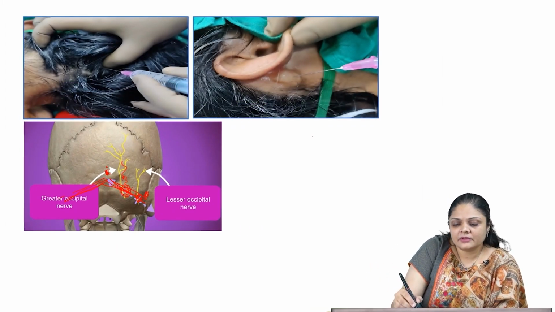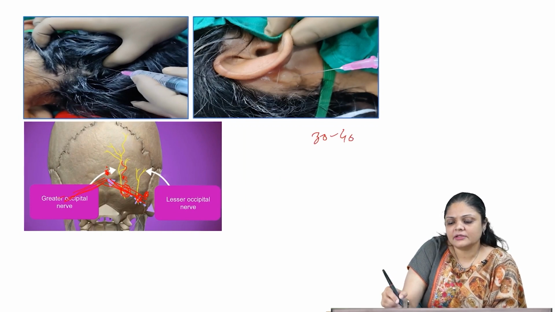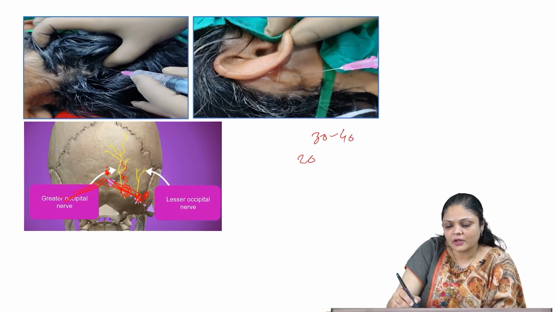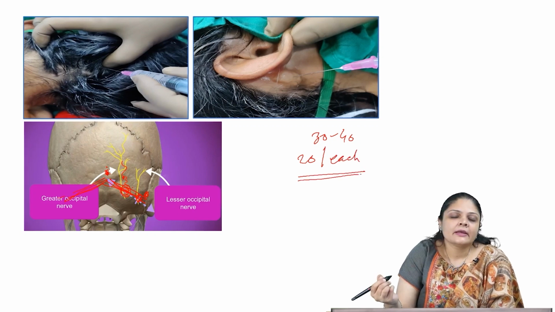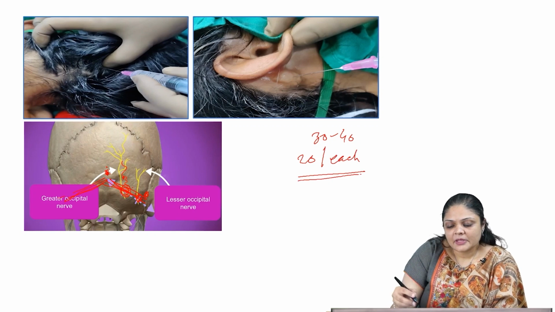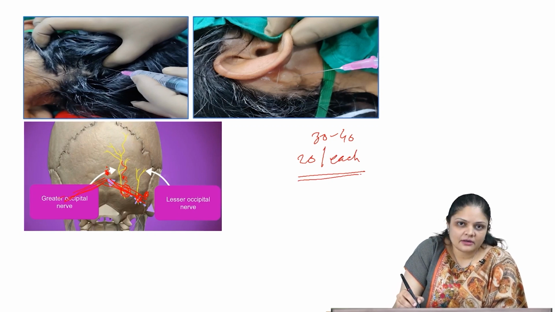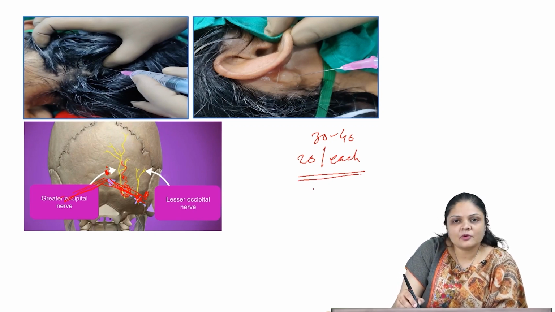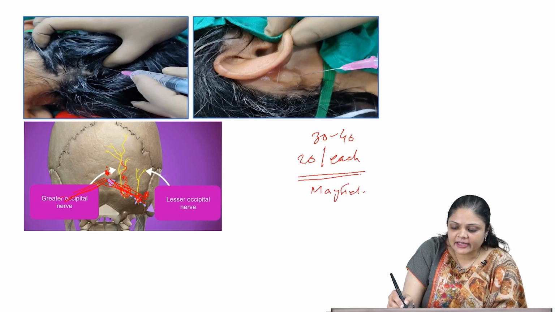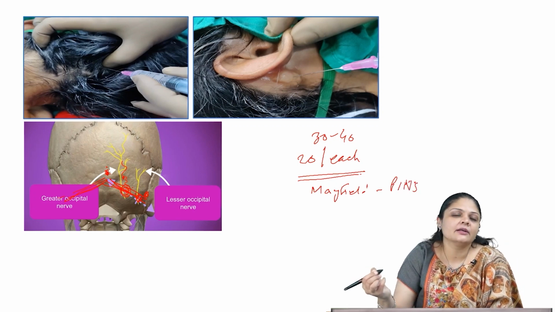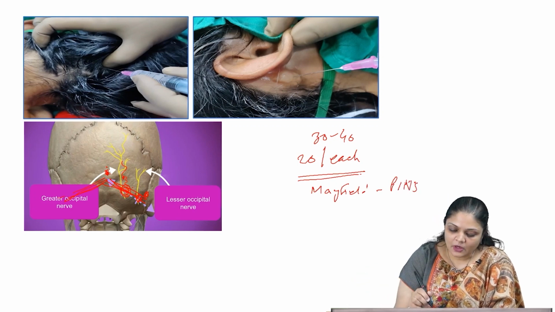Generally 30 to 40 ml is enough, 20 on each side, which will give you a good block. Some people also keep some drug remaining, and at the time of Mayfield clamp, at the insertion site of the pins, again 1 cc is injected just to complete the block.